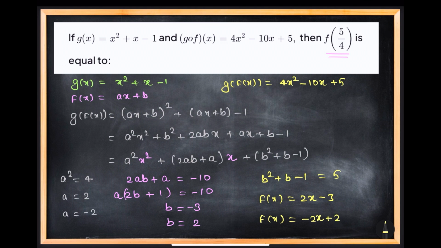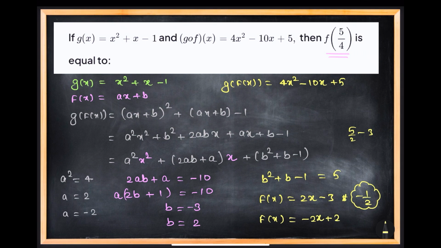Now we have to find f of 5 by 4. So if this is the function, 5 by 4 means 2 times 5 by 4, which is 5 by 2. So 5 by 2 minus 3, right? So it is minus 1 by 2.